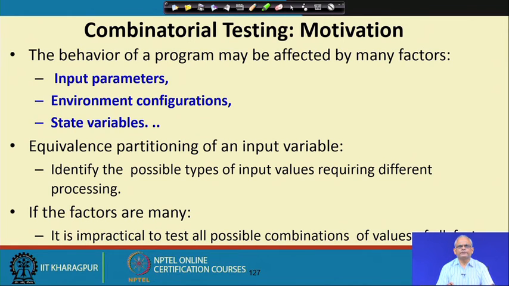The behavior of a program is affected by many factors. How many input parameters are there, how many global variables are there, state variables, and so on. For equivalence partitioning, we identify for every parameter what are the equivalence classes, and when we combine it, we saw that there is a weak testing, strong testing, and robust testing. And if we do a robust testing, then it may become impractical if the number of input parameters are many.